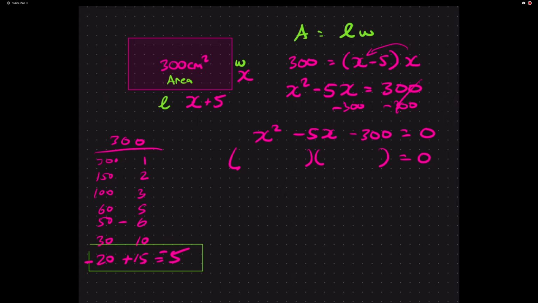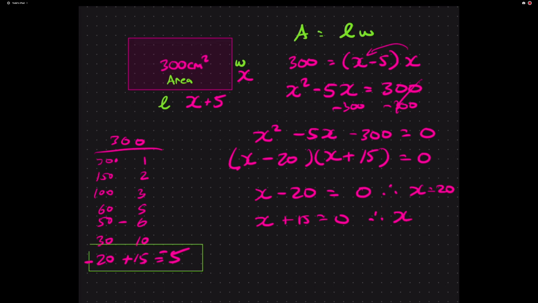Now this trinomial can be broken up to x. The signs are different. The 20 goes with the negative, and the positive is with the 15. And just like we did before, I have x minus 20 equals 0. Therefore, x is equal to 20. And I've got x plus 15 equaling 0.